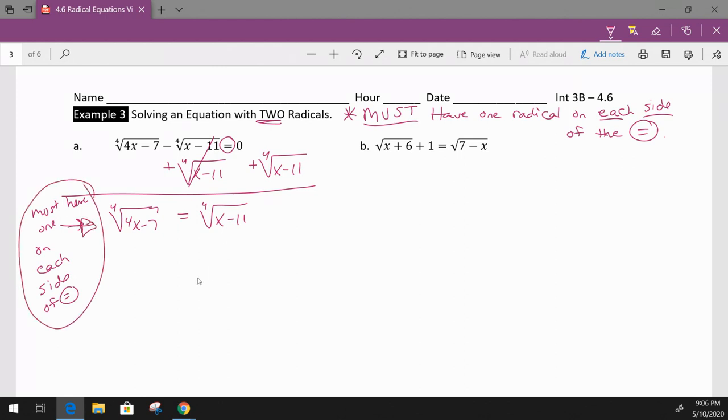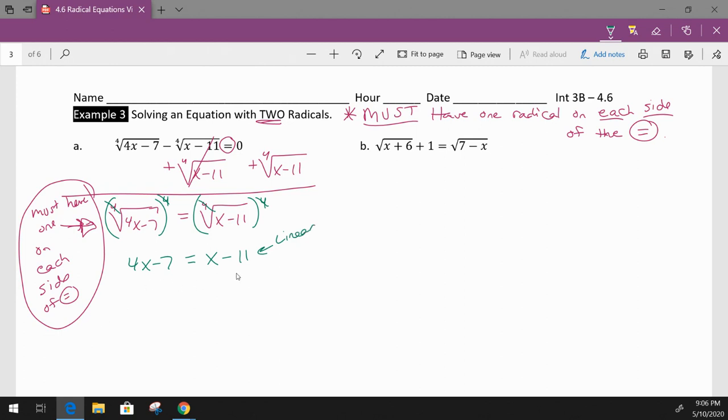Okay. So now to get rid of the fourth root, we will raise both sides of the equation to the fourth power, which eliminates both radicals very nicely. So this one's going to be a nice easy one. You get 4x minus 7 now equals x minus 11. This is now a linear equation.